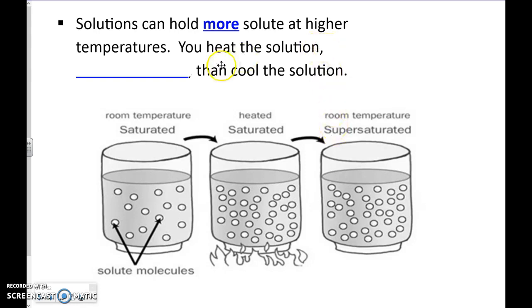You heat the solution up, add more copper sulfate to it, and then let the solution cool. As you let it cool, it sort of hangs on to it, and it'll keep it there without a problem. Eventually, though, you will have crystals growing on the bottom as that extra copper sulfate comes out.